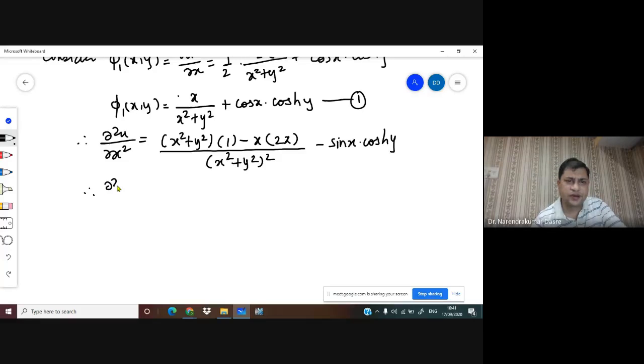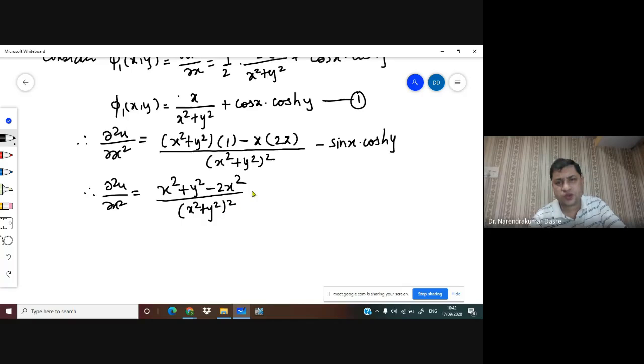So what we get here, del square u by del x square is equal to x square plus y square minus 2x square upon x square plus y square whole square, minus sine x cos hyperbolic y.